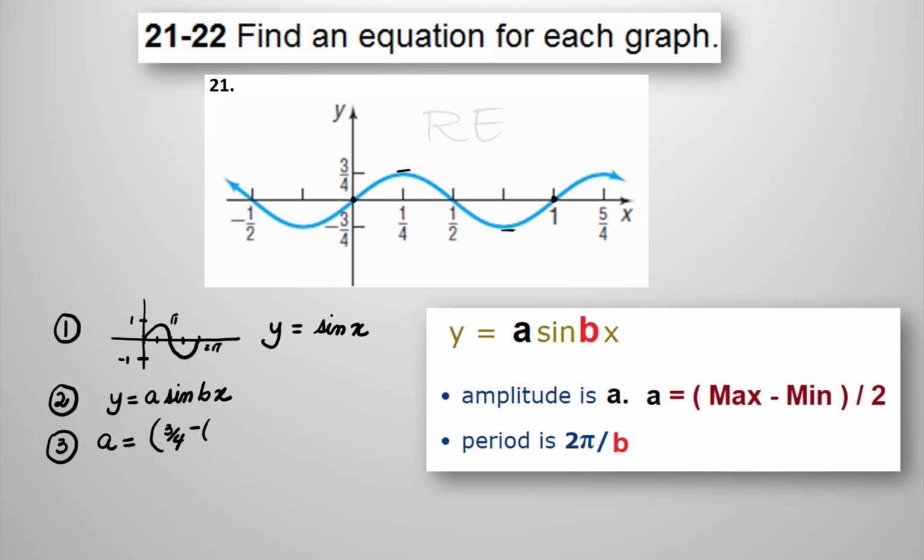The max is 3/4, the mean is negative 3/4, so it's 3/4 minus negative 3/4 divided by 2, and that amplitude is 3/4. That's the height above the x-axis of the function.